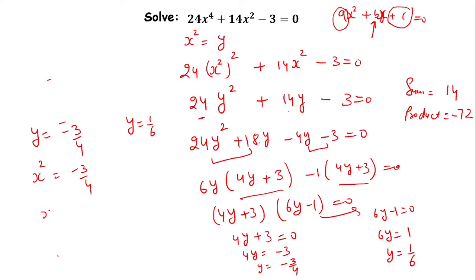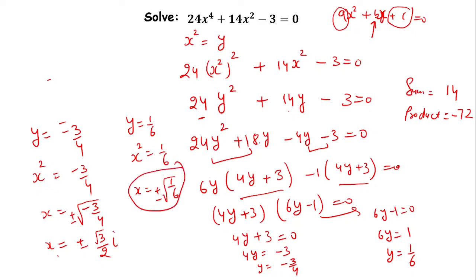If you remove this square, it becomes a square root on the other side. Never forget to write plus or minus. So x equals plus or minus 3 upon 2 iota. Over here x² equal to 1 over 6, so the value of x will be plus or minus square root of 1 over 6. So two answers from here and two answers from here, that is the final answer.